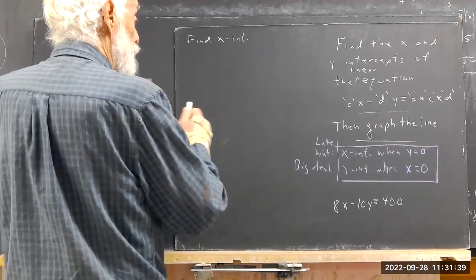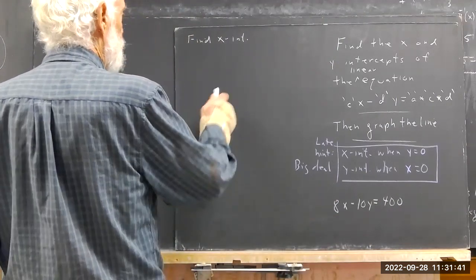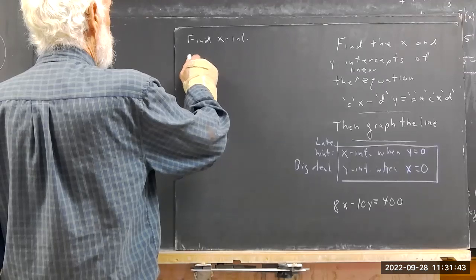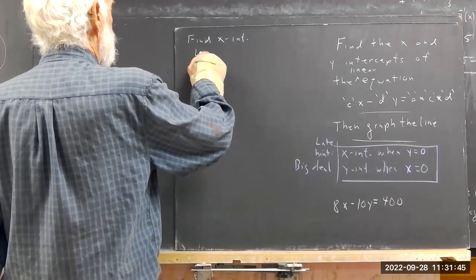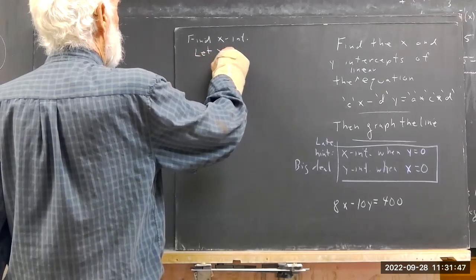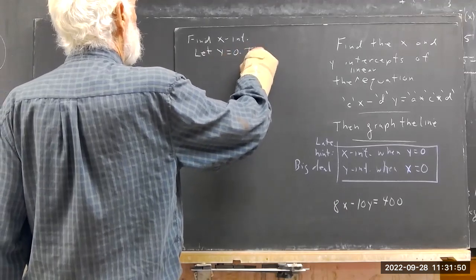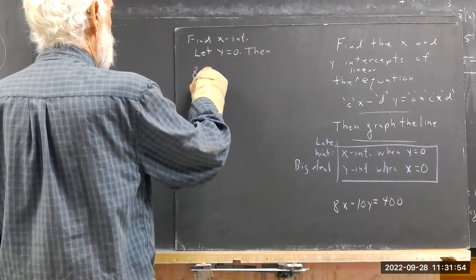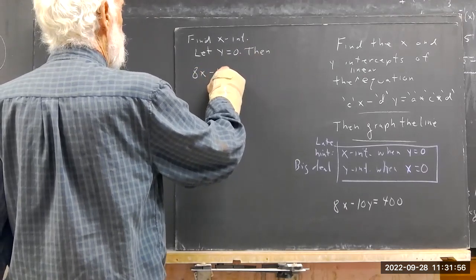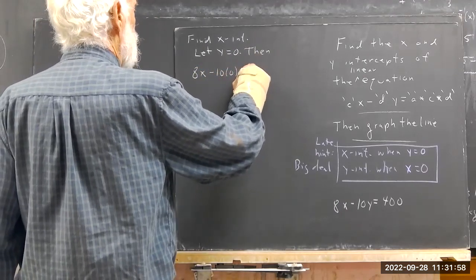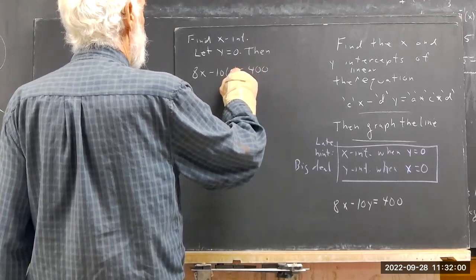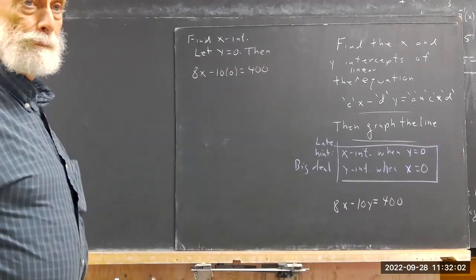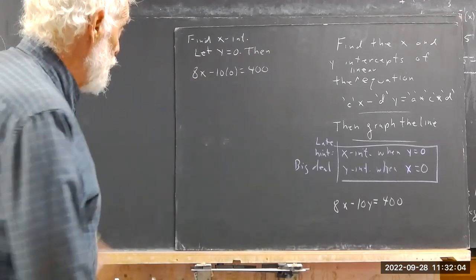Okay, so find the x-intercept. This is really simple. You let y equal 0. Then 8x minus 10 times 0 equals 400. Now what's 8x minus 10 times 0?